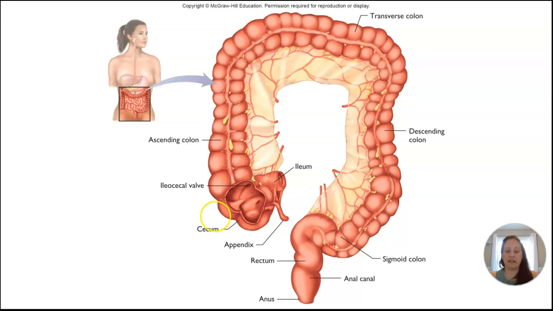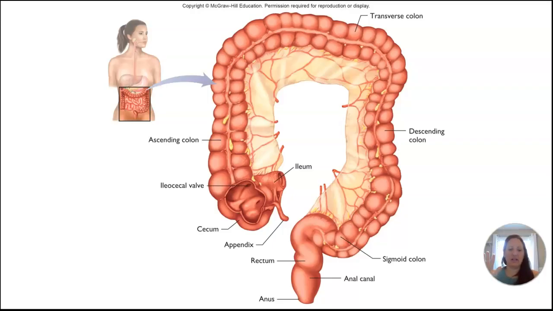The large intestine starts at the cecum, and then we go up here. This is called the ascending colon. And then we have the transverse colon, and then the descending colon. The descending colon then ends in the sigmoid colon. Did I say 4 parts? There's 1, 2, 3, 4, 5 parts.